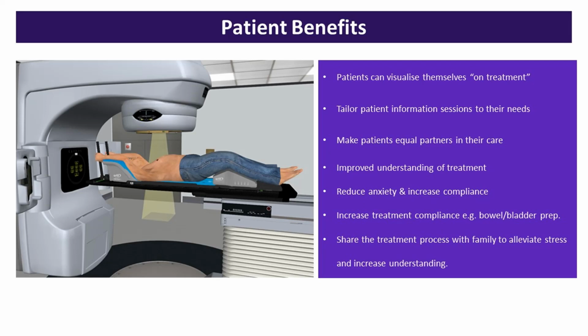So patients can really visualize themselves on the treatment couch, and also see that the machine won't touch them in any way. It can help to tailor the information session to how the patient wants it to be, and it makes them partners in their care, which is of course important, that patient-centered, person-centered care.